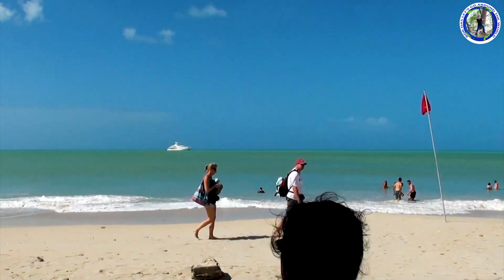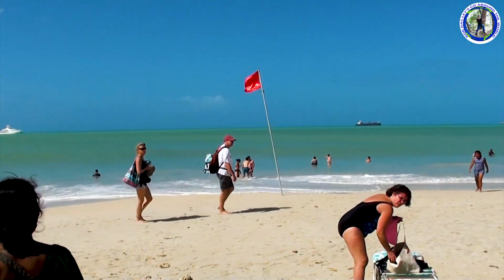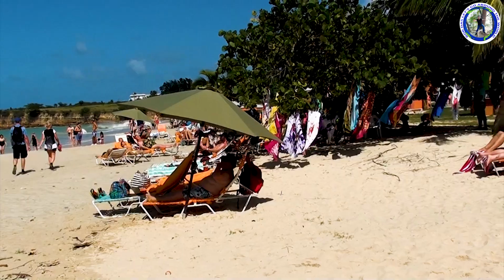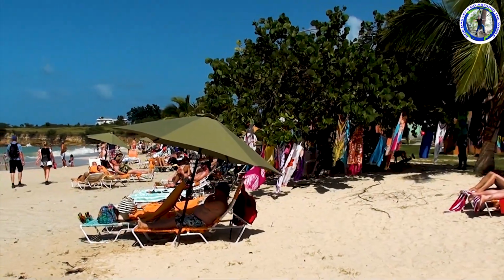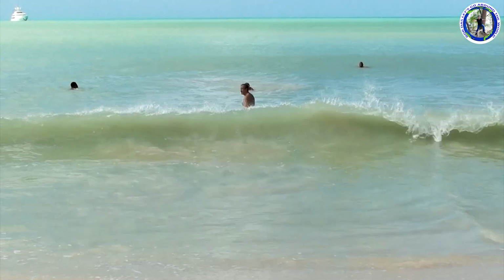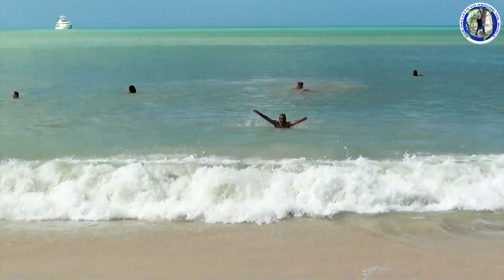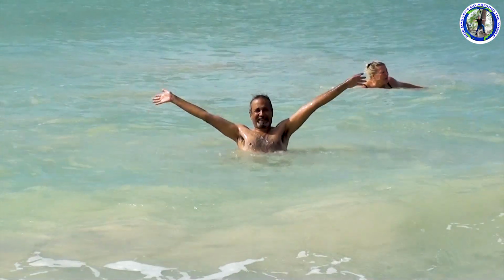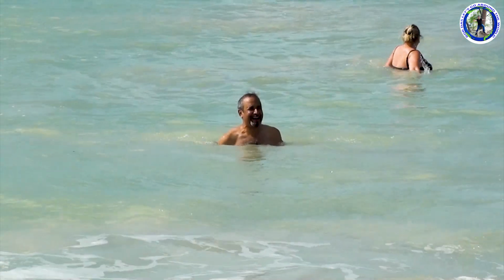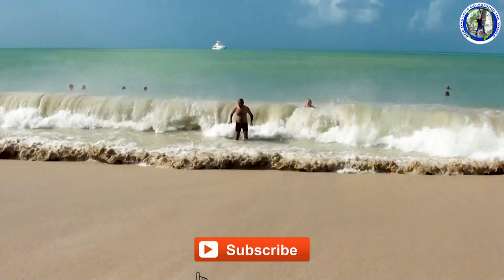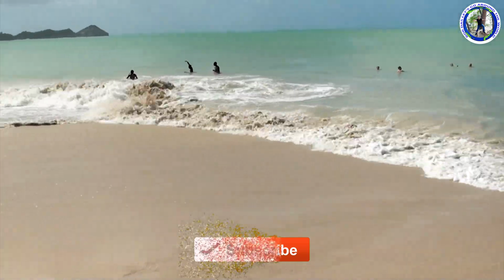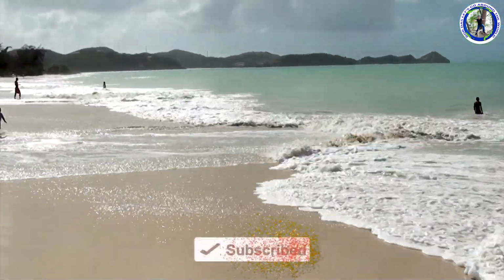Like all other island nations, Antigua and Barbuda is vulnerable to the effects of climate change. Obida is swimming there. Huge waves today.